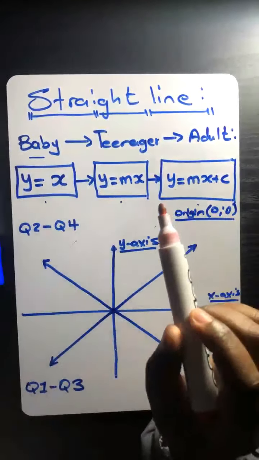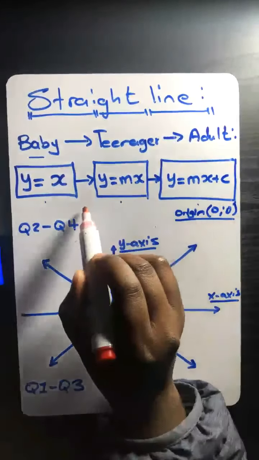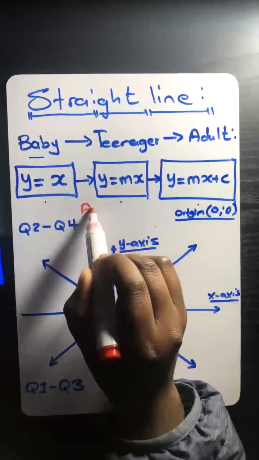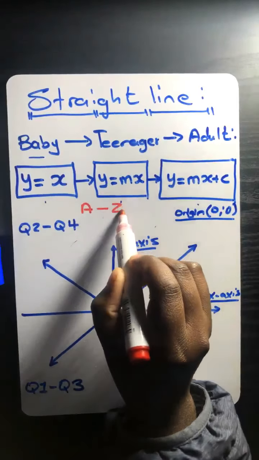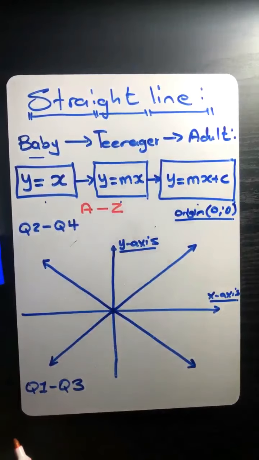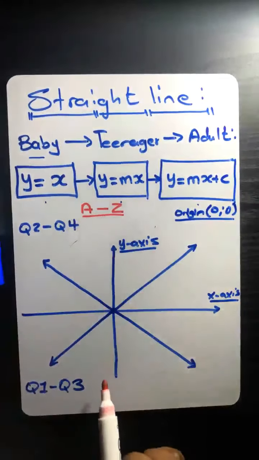So, good people, what names are given to functions? They just use a letter from A, B, C, D, E, F, G, all the way up to Z. So, in short, they use letters to give names to straight lines, parabola, hyperbola, or exponential.